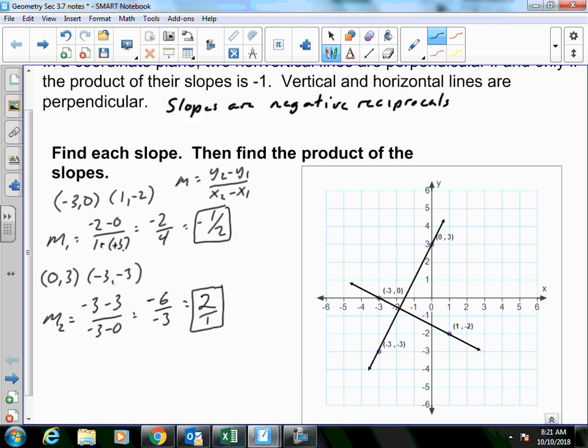And then it says to find the product of the slopes. So if I take the two slopes, -1/2, multiply it times 2 over 1, it's going to give me -2 over 2, or -1. So since the product is -1, what's that tell us about the two lines?